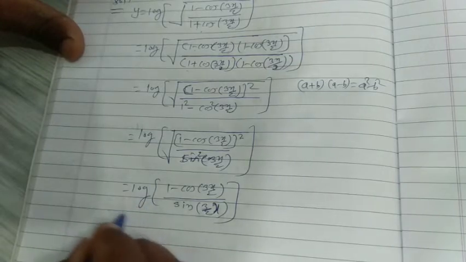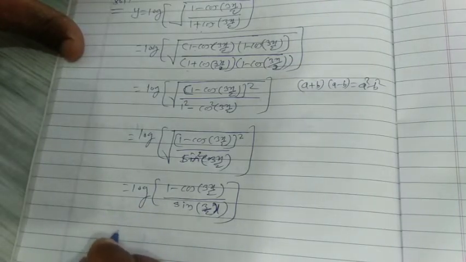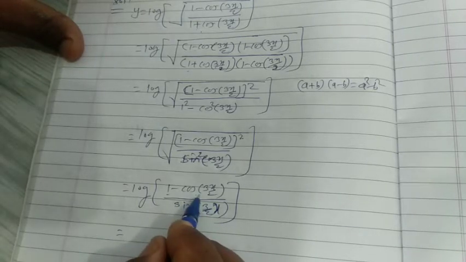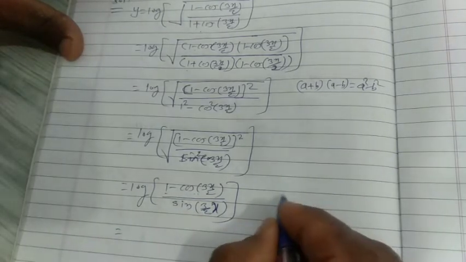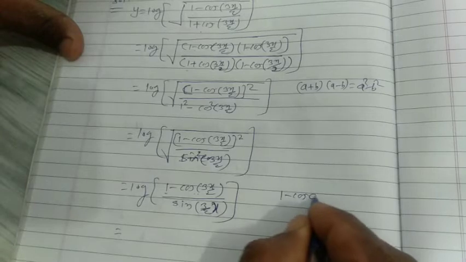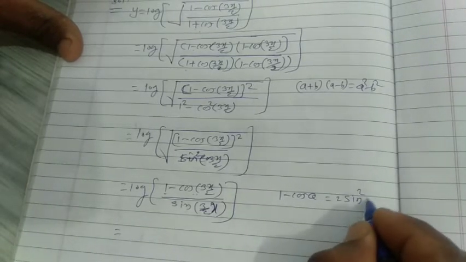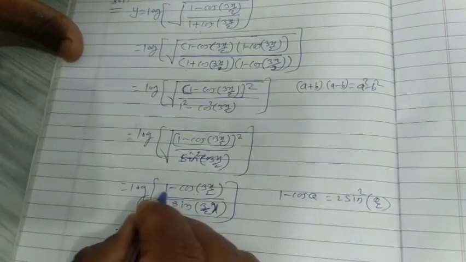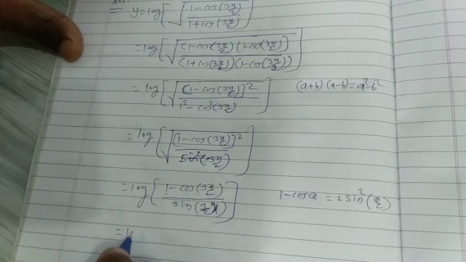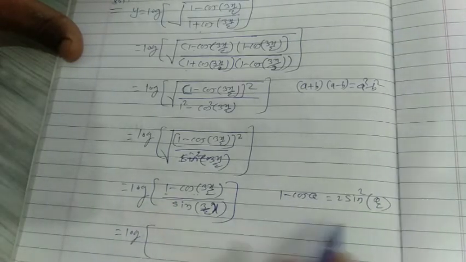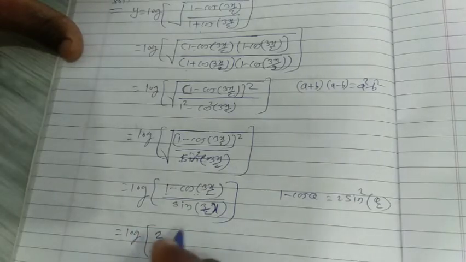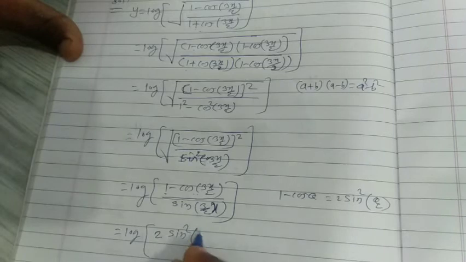Now by using the property of log, we have 1 minus cos theta, which I can change as 2 times sine square theta by 2 by using this formula. 2 times sine square theta by 2 means 3x upon 4.